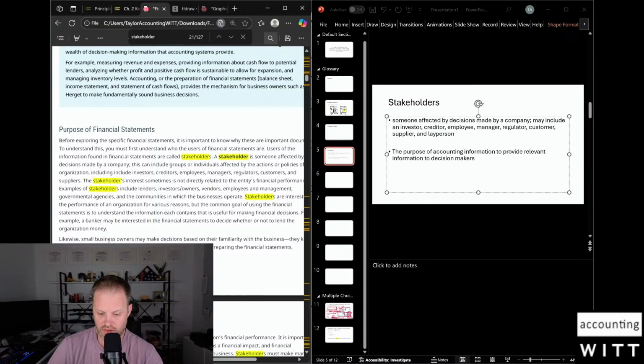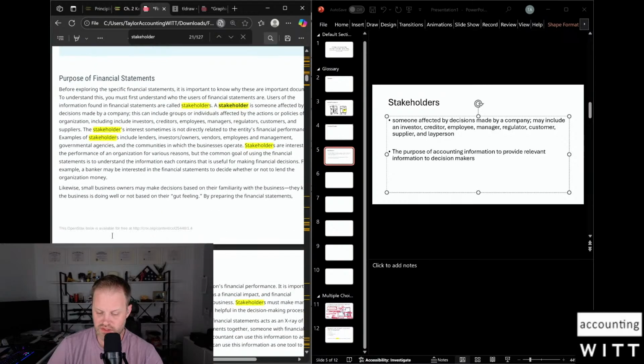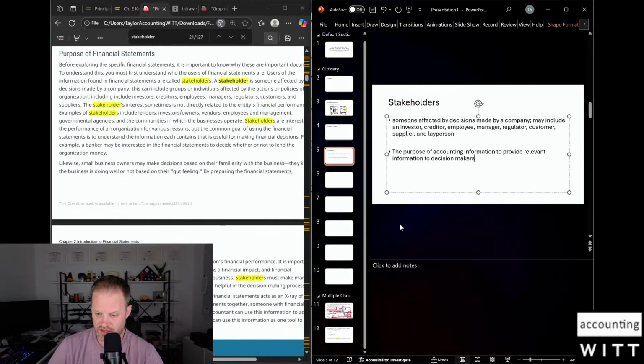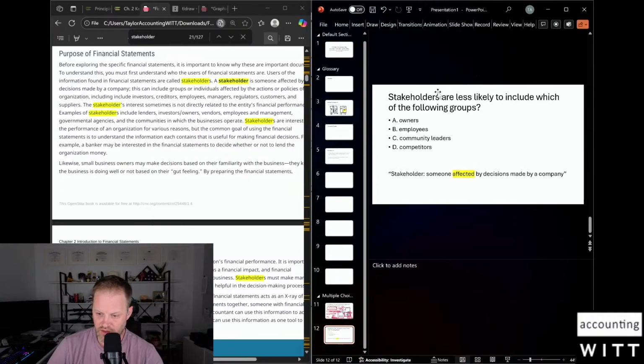Okay, so what's this question that we're being asked? Stakeholders are less likely to include which of the following groups? Jeez, I really don't know if I'm sure what they are thinking the answers are.